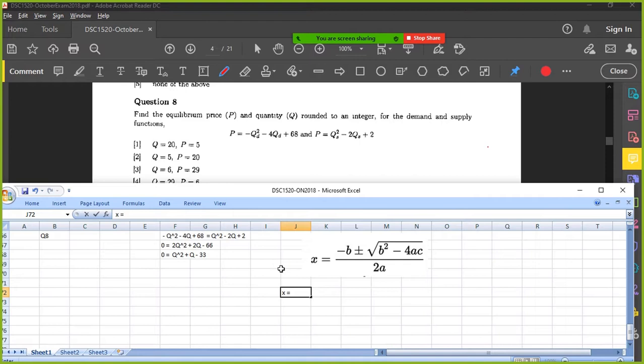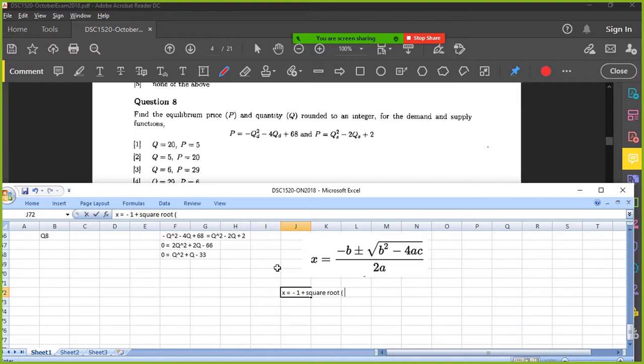Okay, what would the b be? The b will be 1, minus plus 1, so minus 1. Let's do the plus first. Equals minus 1 plus, and then I'm going to have to square root b squared minus 4ac. What is the b?